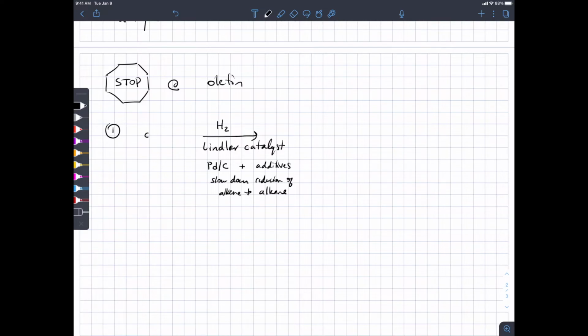So you can take an alkyne like this. You can add hydrogen gas, use the Lindlar catalyst in a similar way, still with the balloon, and you will reduce the alkyne to the olefin, but you're going to get the cis olefin, the cis stereochemistry, because this is a syn addition of H2 across the pi bond.